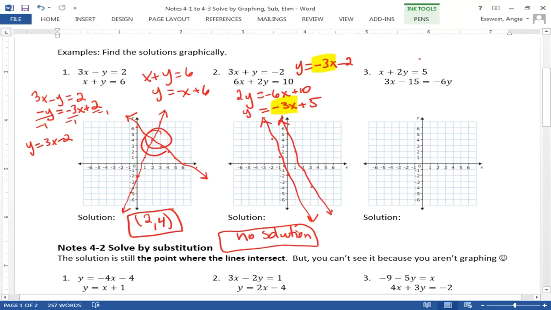And the last one, you subtract x from each side, and then you divide by 2. So -1/2 x plus 5/2. For this one, you divide everything by -6. So you get y equals -1/2 x plus 15/6, which is the same as 5/2.